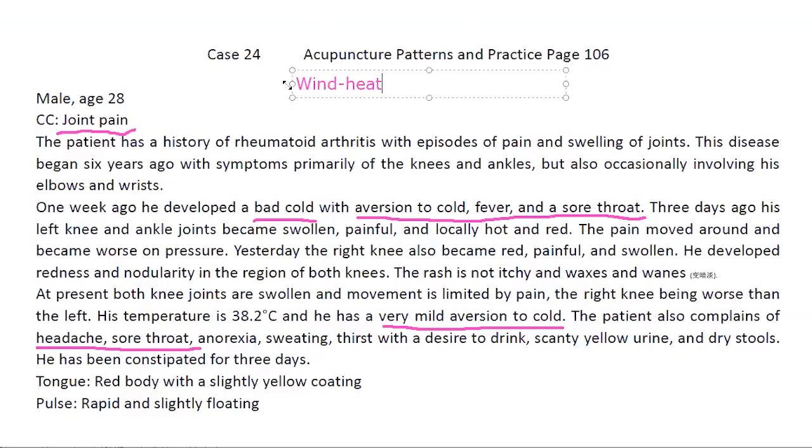So basically, let's talk about the Bi syndromes. If we talk about Bi syndromes, we have wind Bi. Wind Bi basically is moving; the painful situation is moving around.